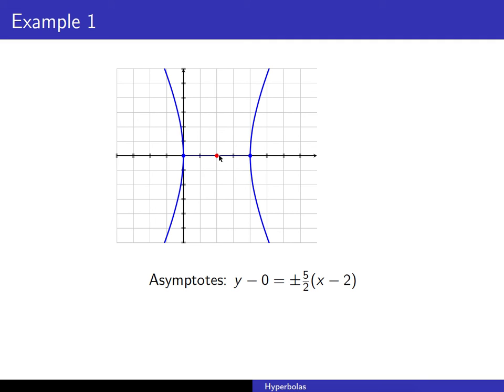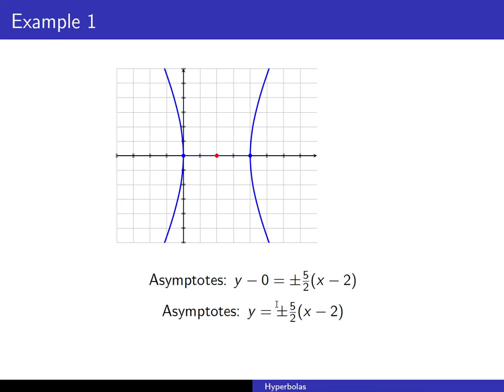So if we look at point slope form, we have y minus the y coordinate of 0 equals plus or minus b over a, which is 5 over 2, times x minus the x coordinate of the center. And so simplifying that, we get y equals plus or minus 5 halves times the expression x minus 2.